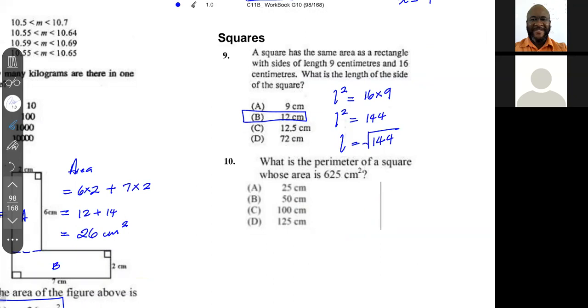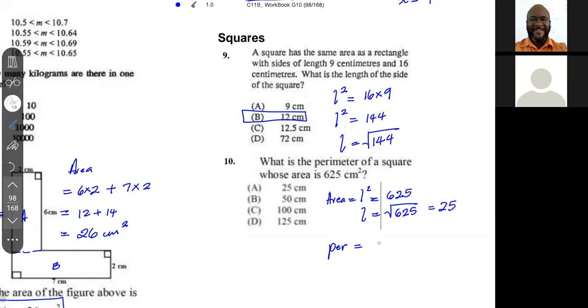Well, if this is a square, I know that the area, which is L square, is equal to 625. The opposite of square is square root. So it's the square root of 625, which is 25. So the length of one side is 25.